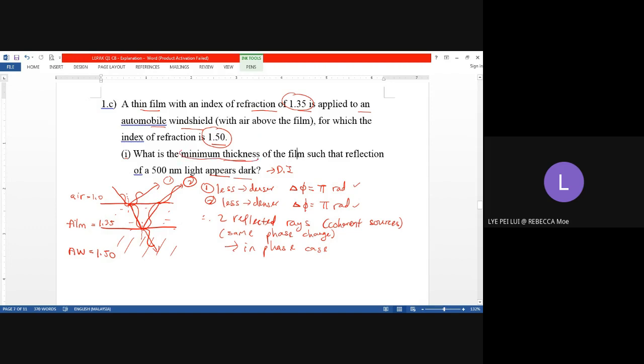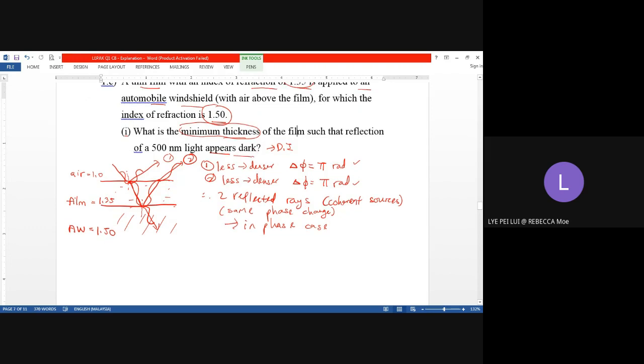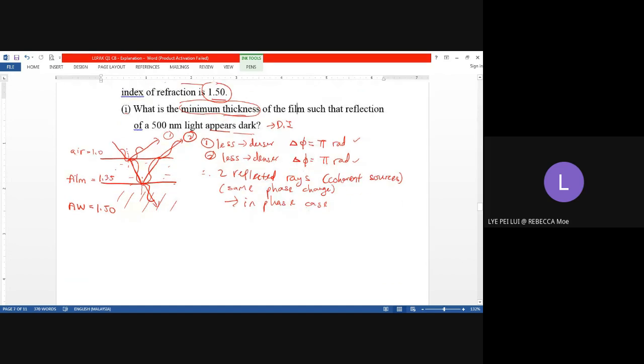But the question is asking what the minimum thickness is when it appears to be dark. So we have to use the destructive interference equation. Lambda is given as 500 nanometer, so convert to SI.